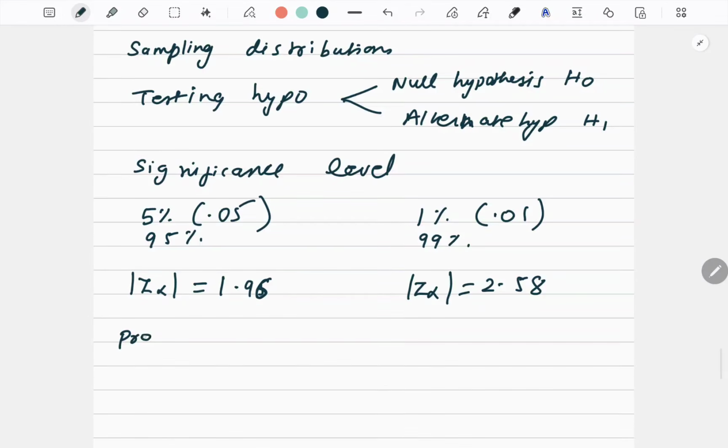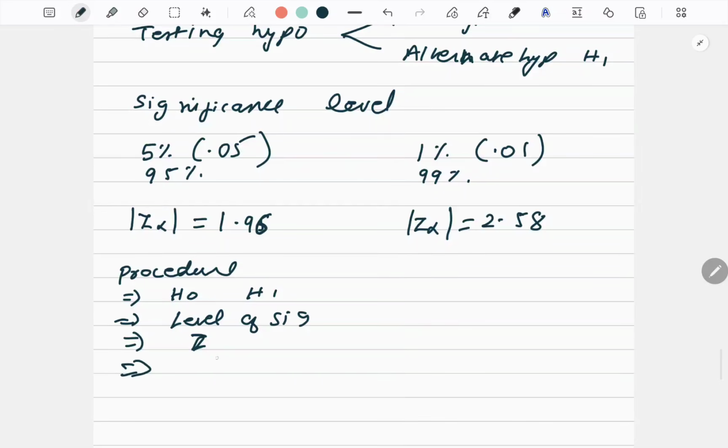Now how am I going to do the questions? First, what will be my procedure? My procedure will be like this. First, I will set up the hypotheses H0 and H1. Then I will see what the level of significance is. Then I will calculate Z, and then I will compare this Z value to Z alpha.